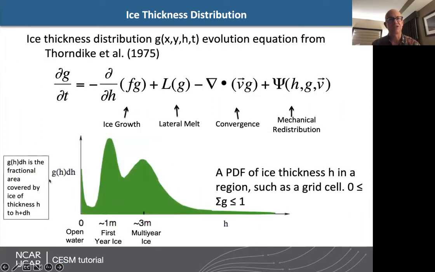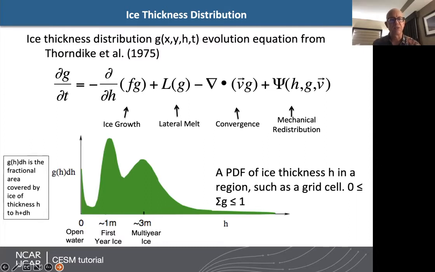So this is just the mathematics of it. You can imagine if you started out with a distribution of ice that looked like this, where it was a 2-peak situation, with 1 meter-ish first year ice, and then maybe some 3 meter-ish multi-year ice.